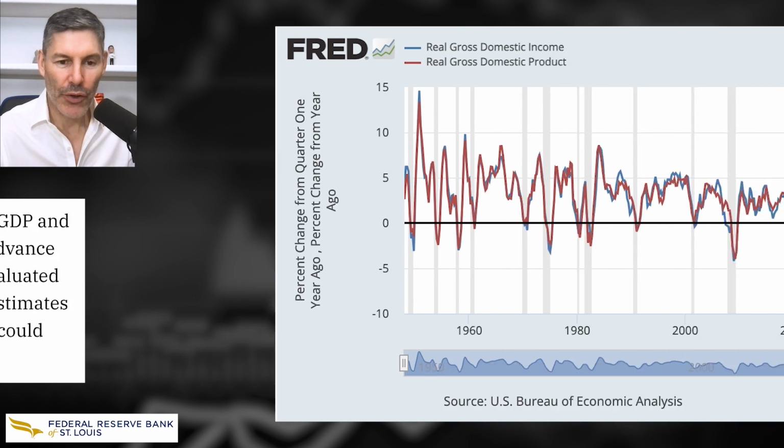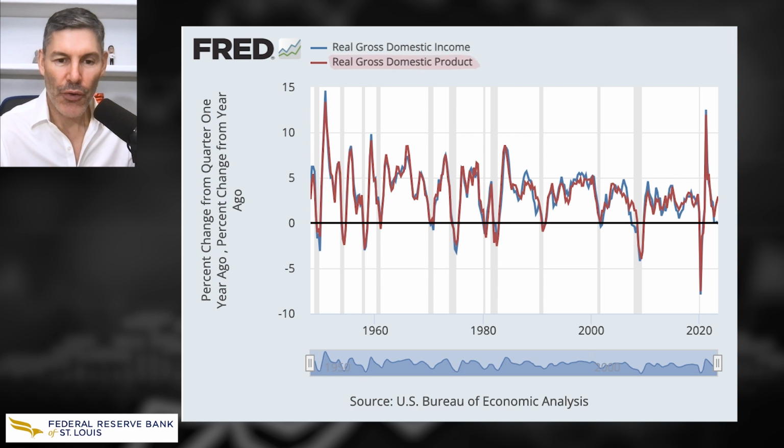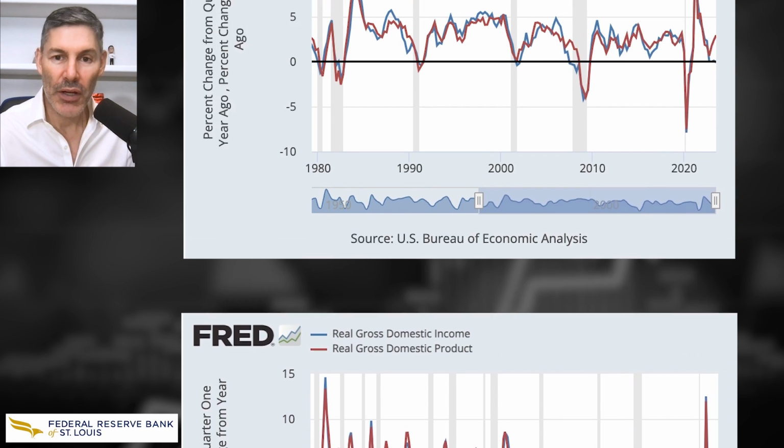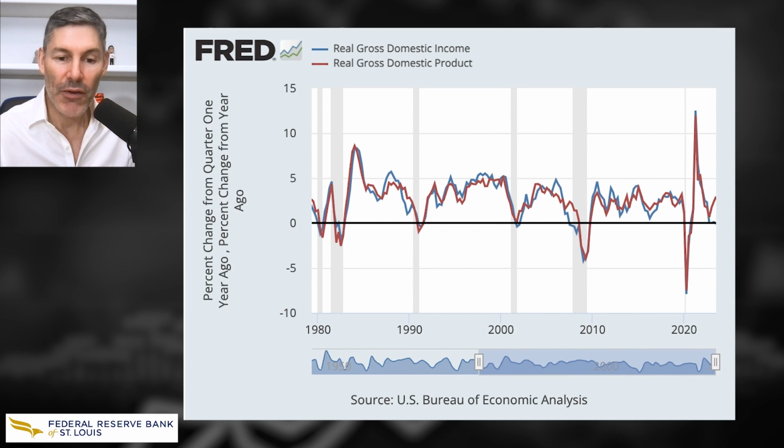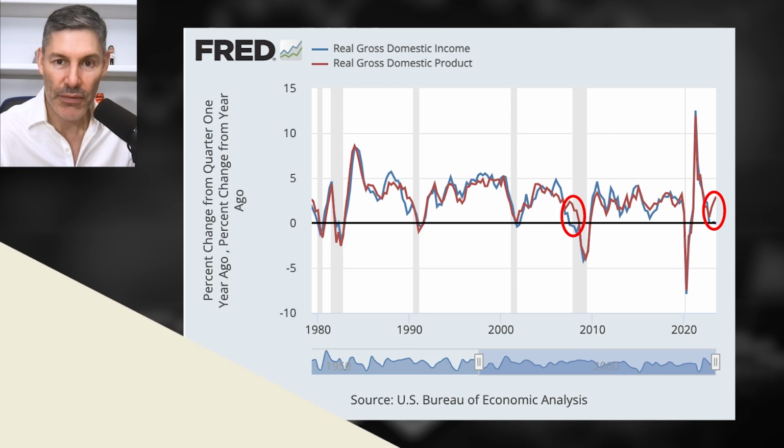Lastly, what I'd like to point out, going back to the chart that compares real GDP with real GDI, is the only time we have had a huge discrepancy going all the way back to the late 1940s between the two measurements of output was oddly the GFC. And if you zoom in, you'll notice that there's an even bigger discrepancy today than there was prior to the global financial crisis.